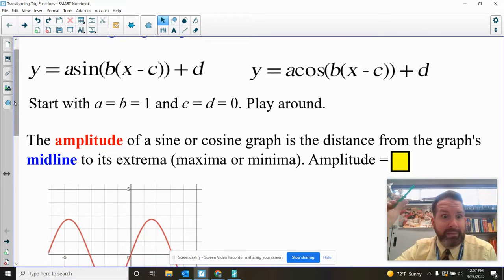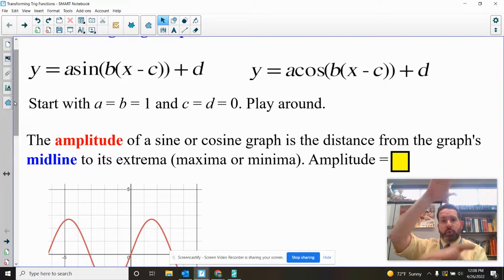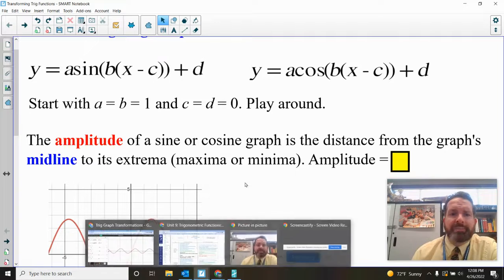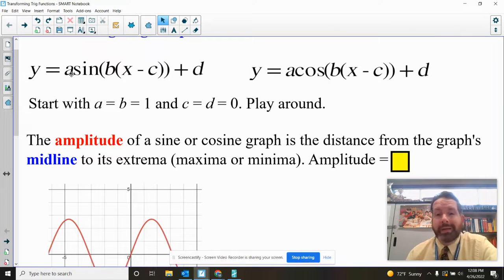Hoping that you have done that, a pause and an exploration, the first question we want to answer is, what makes our graph stretch or compress vertically? So up and down. So reset your sliders to A and B are 1, C and D are 0, and see if you can figure out which one or which combination affects how tall and short your graph is.